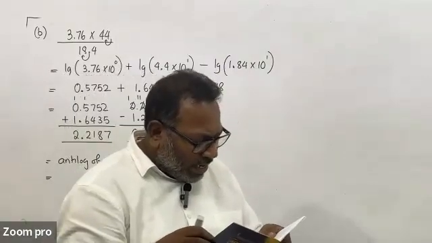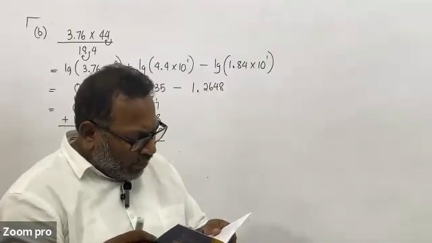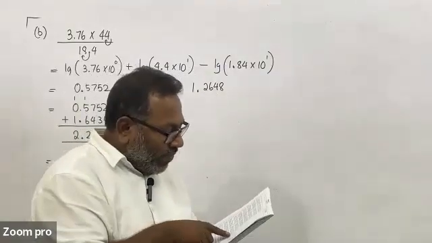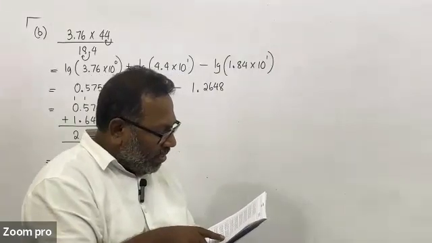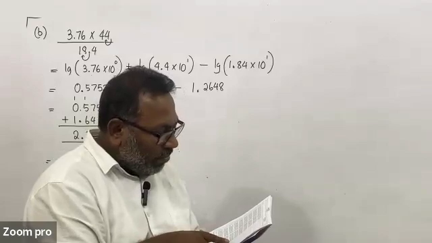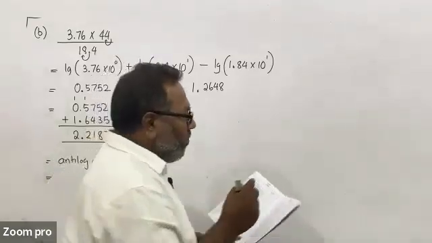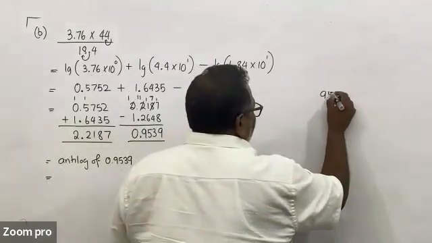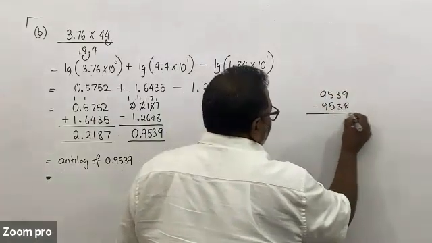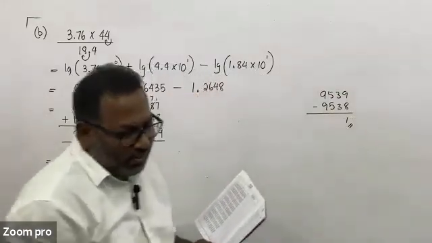Get to the closest value. 9538 is there. 9538 is 8.99 and 9539 minus 9538, you get a 1 difference.